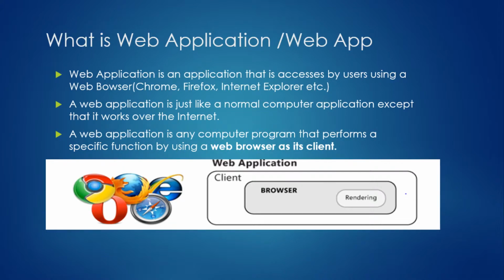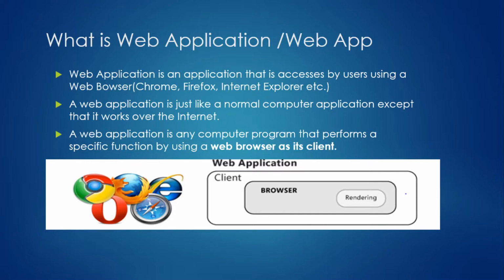So a web application is any computer program that performs a specific function using a web browser as its client. Only at the client side is a web browser required. Your client may be your computer, your mobile, any device that contains a web browser. Using that web browser you can access the web application. At the client side the browser will render your page.